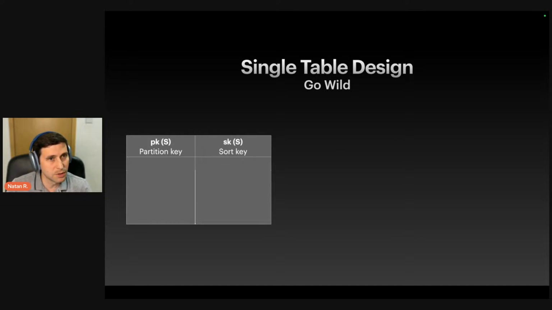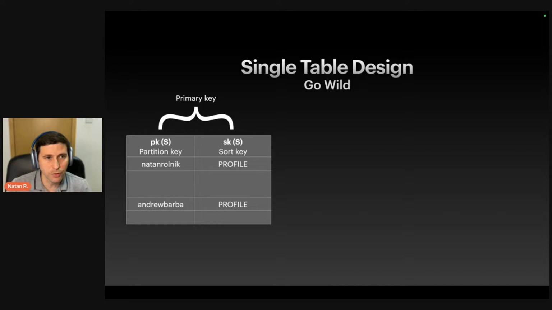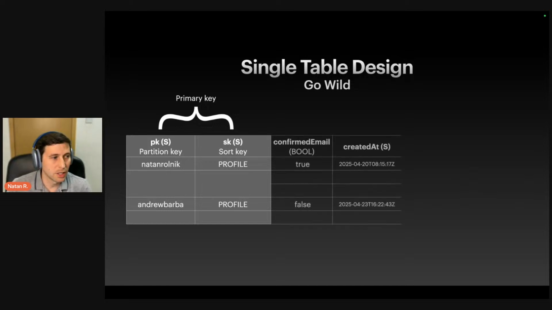And together, these two form the primary key. So imagine I want to store profiles now. I can call the partition key, let's say, Nathan Roenick or Andrew Barba, and the SK, the sort key, is going to be profile. And for these objects, I'm going to have, for example, confirmed email and created at.